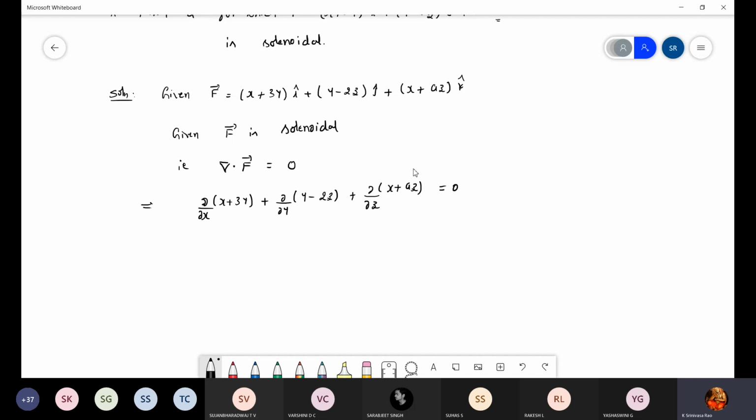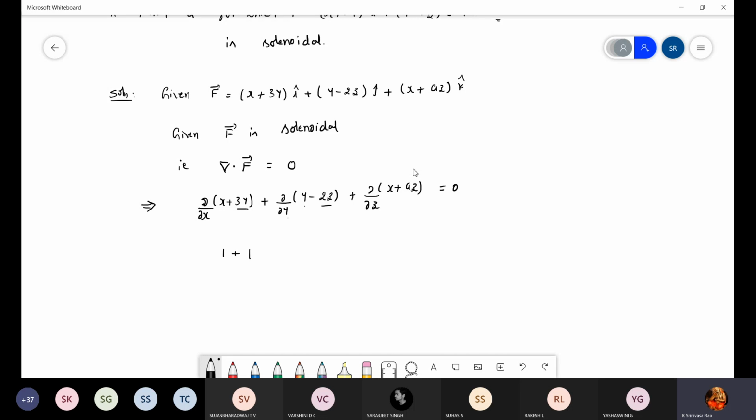Yes, differentiate. What is the differentiation of the first term partially with respect to x? It is 1. 3y is 0, because partially with respect to x, 3y is constant. Plus partially with respect to y, differentiation is 1.